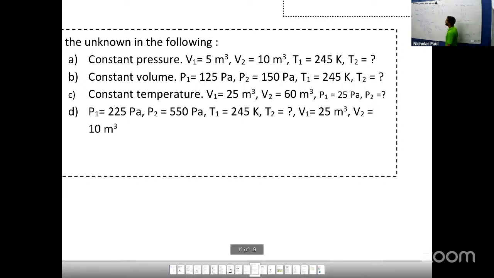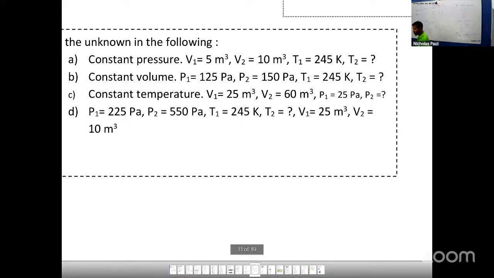Right, the first one was what? Whose law? The first one was Charles' law. How much did you all get for T2? 490. Does it make sense?